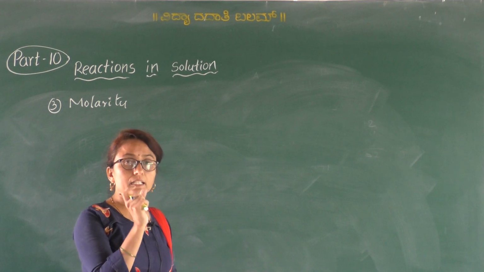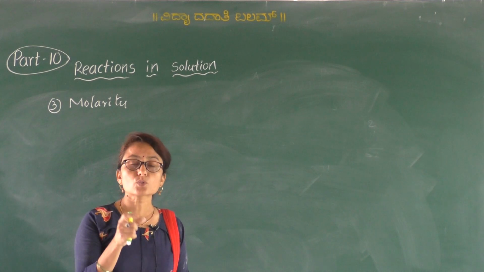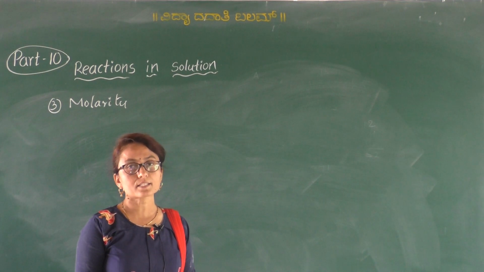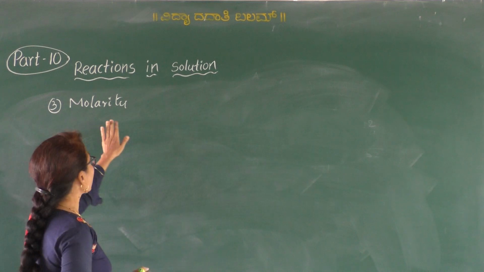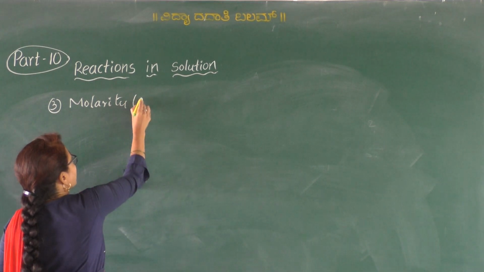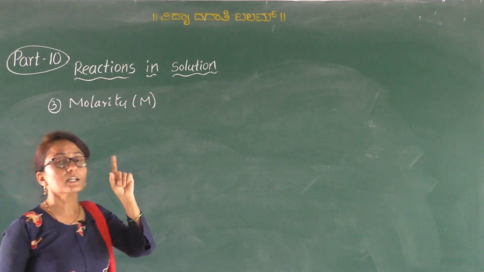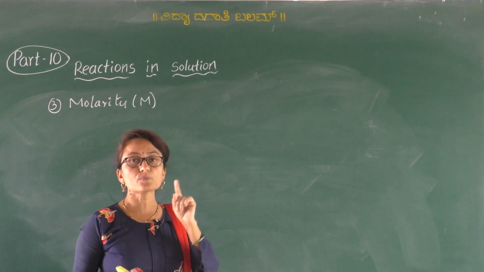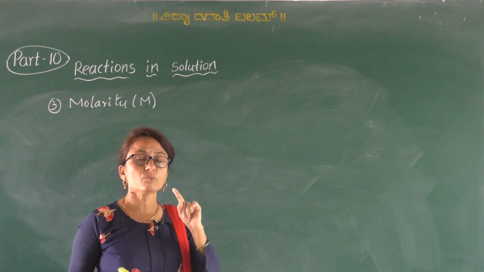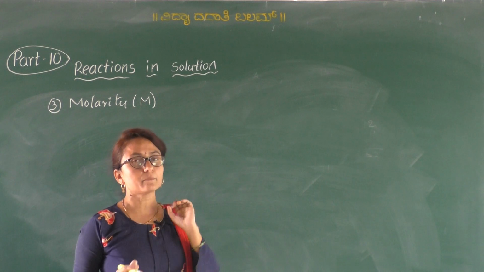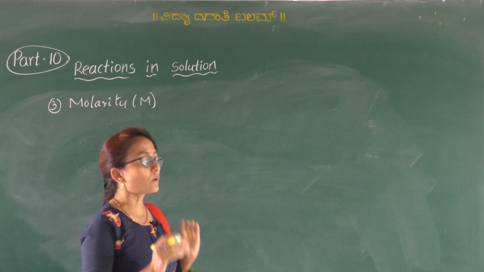So in 1 liter of solution, how many moles of solute are present, that is known as molarity. Molarity is given by the letter M. So molarity is defined as the number of moles of solute present in 1 liter or 1 dm cube of the solution.